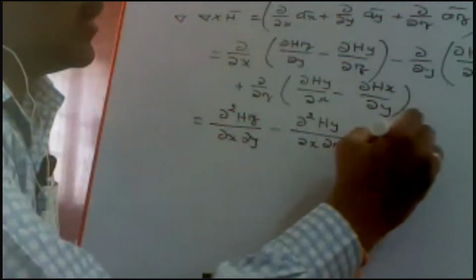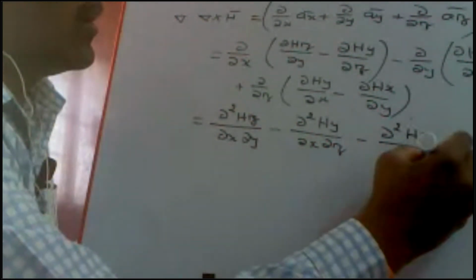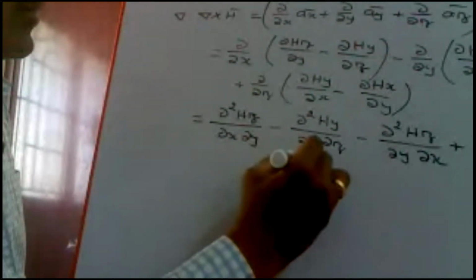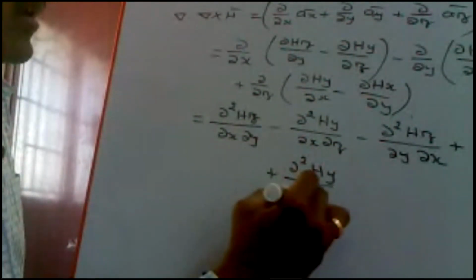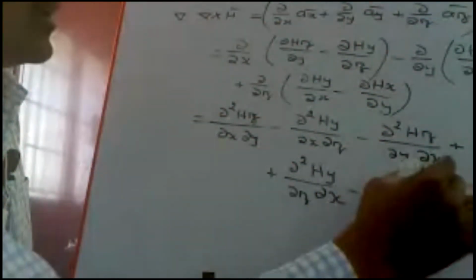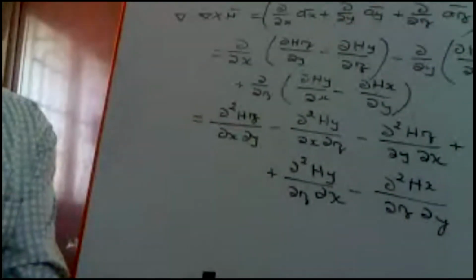Here if I multiply, minus dou square hz dou y dou x, dou square hx by dou y dou z plus dou square hy by dou z dou x minus dou square hx by dou z dou y. Is the board visible to the bottom? No issues, no?